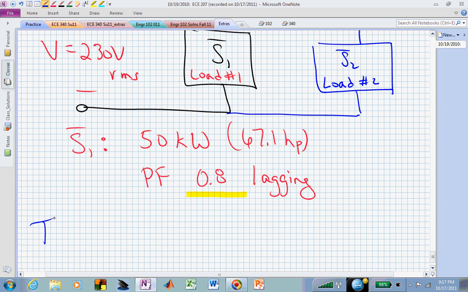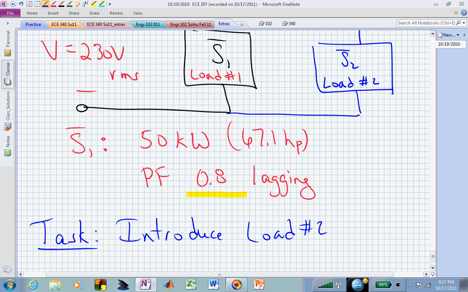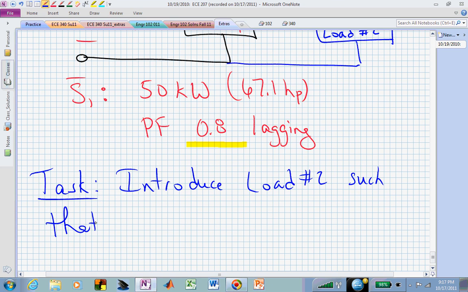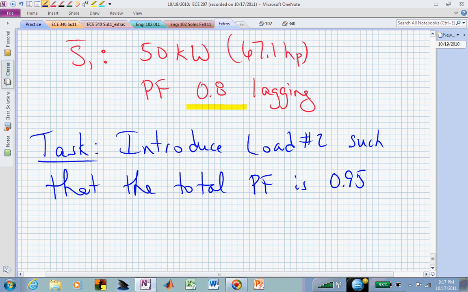And the objective is to introduce this load number 2 such that the total power factor is now closer to 1, and let's say it's now 0.95, but it's still lagging.